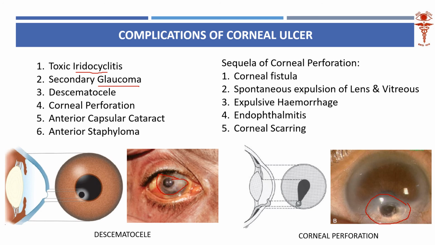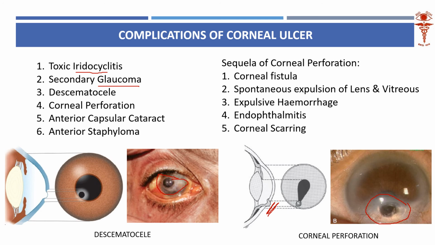Even in a scarred phase, you will see the iris coming and plugging the perforation. Once this descemetocele ruptures, it will get perforated, and once the perforation happens, the iris will come and seal that perforation. That kind of sealing will happen in a case of corneal perforation.